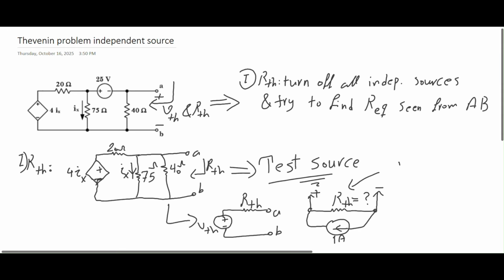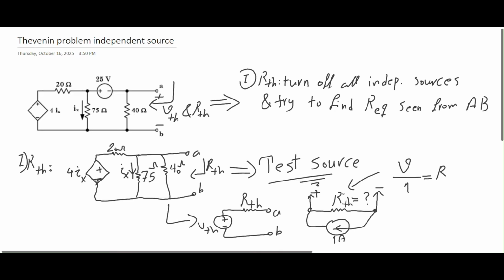If I read the voltage across this resistor and divide it by this current, which is 1 amp, that's from Ohm's law: voltage divided by current is nothing but the resistor.